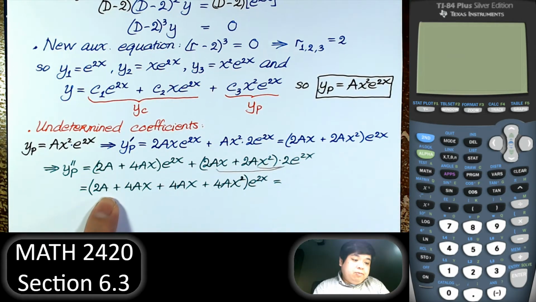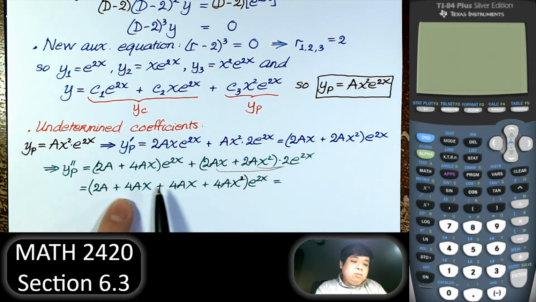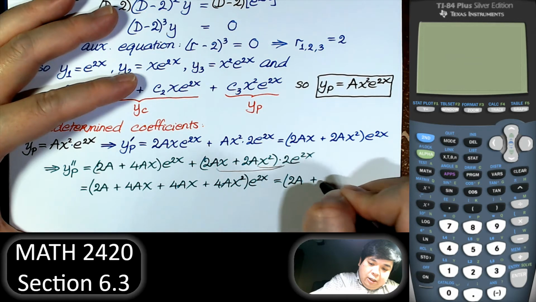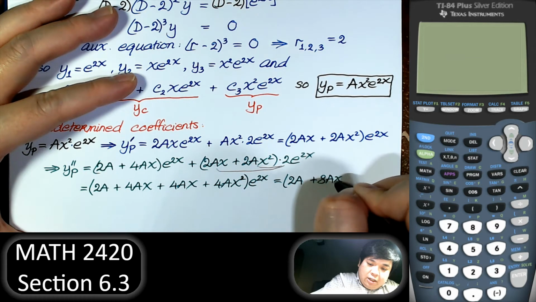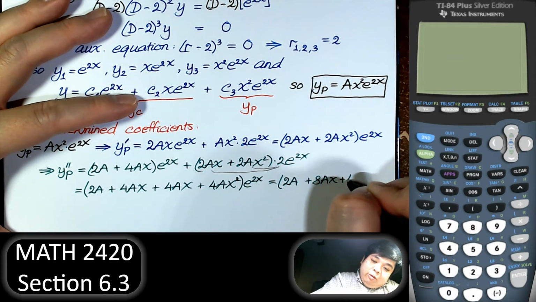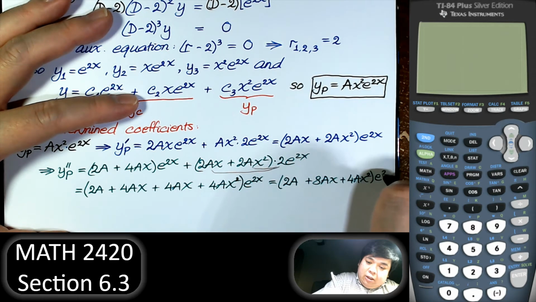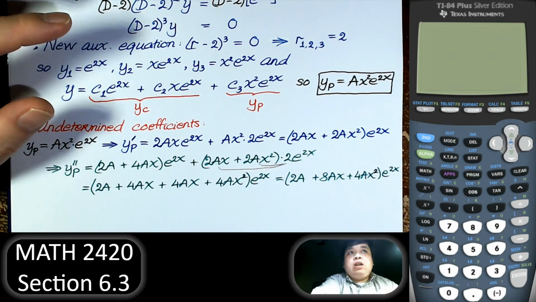Combine like terms. We have 2a plus 8ax plus 4ax squared times e to the 2x. So that is the second derivative.